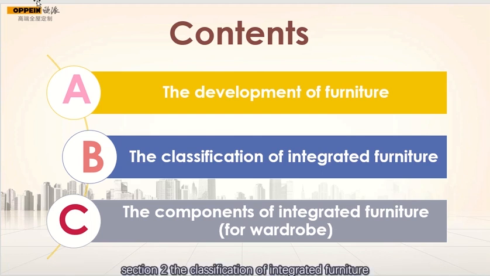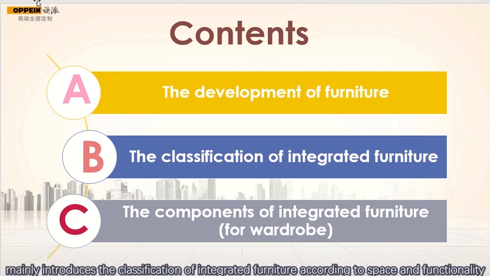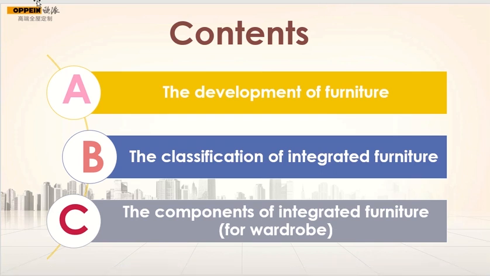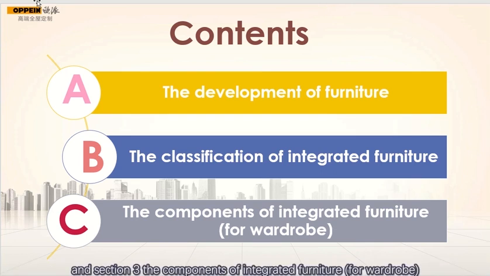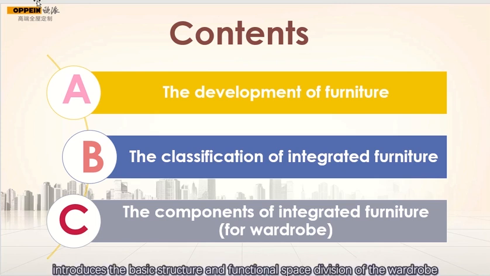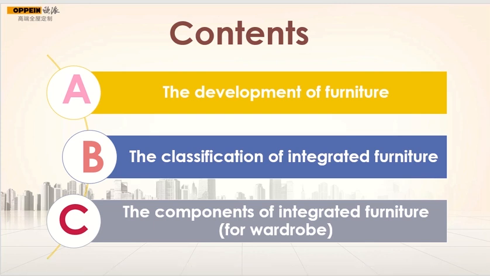Section 2, the classification of integrated furniture, introduces the classification of integrated furniture according to space and functionality. And Section 3, the components of integrated furniture for wardrobe, introduces the basic structure and the functional space division of the wardrobe.